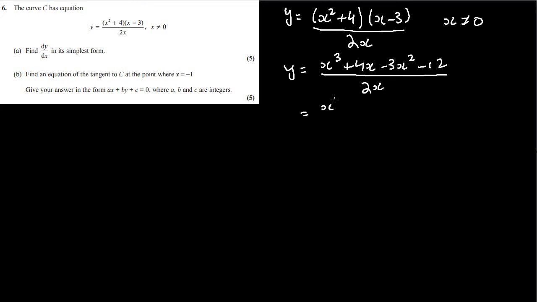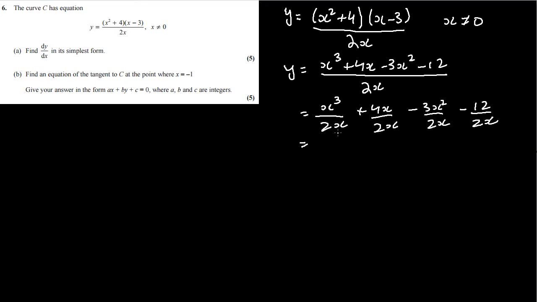So we can write this same expression as x cubed over 2x plus 4x over 2x minus 3x squared over 2x minus 12 over 2x.